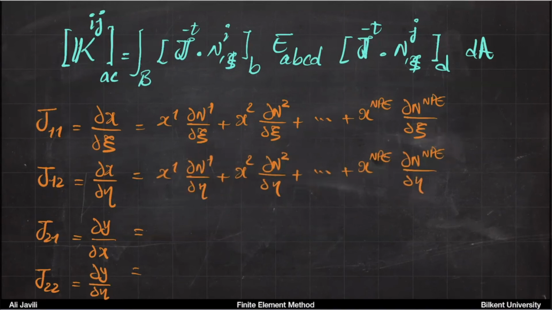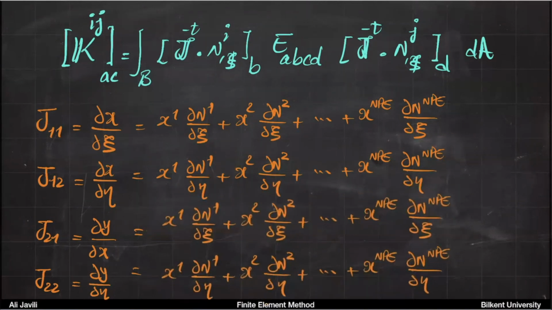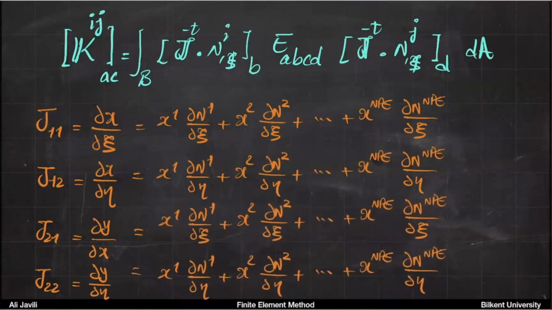All right. And now for the remaining two, you also play the same game, except that now instead of x, you would have y as their components. Okay, so all you need to do is to replace these x's with y's.